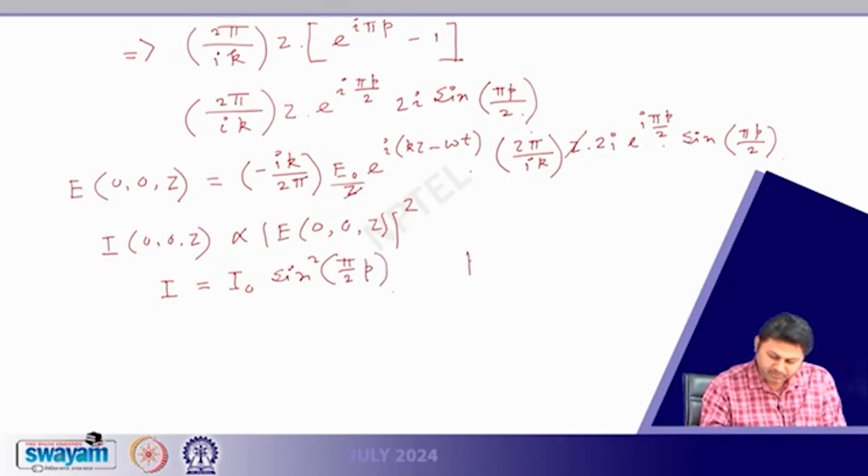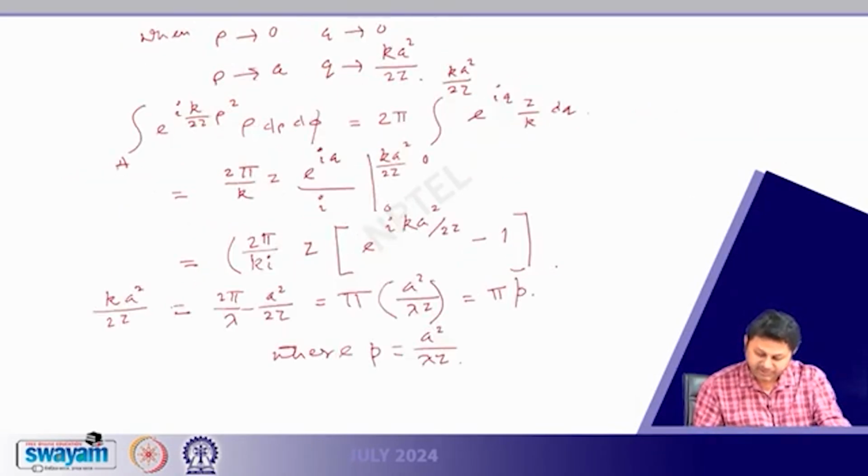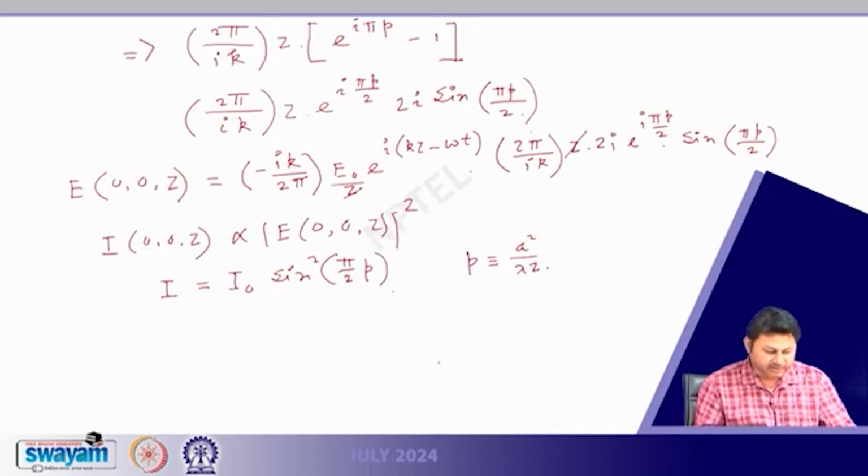Mind it, where p is equivalent to a square divided by lambda z, that we replace. We replace this term. Let me check. Yeah, p is a square divided by lambda z. So that term.